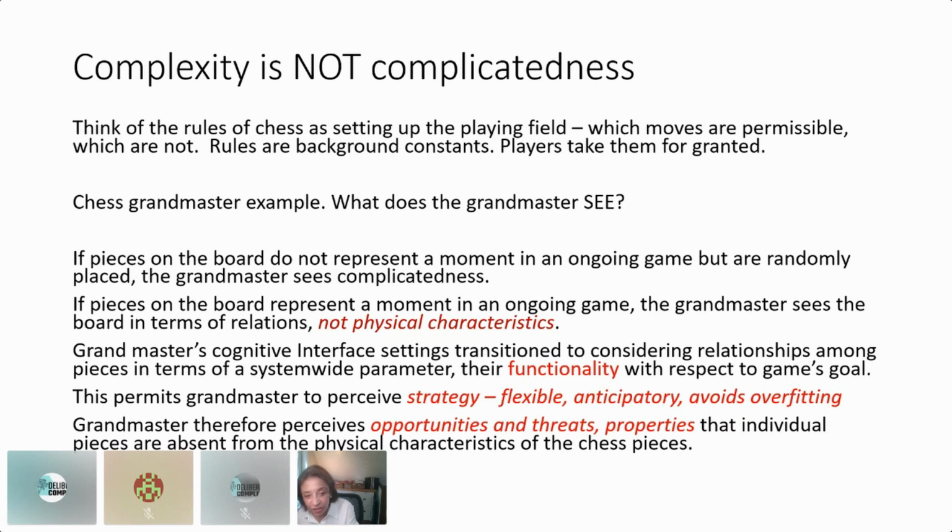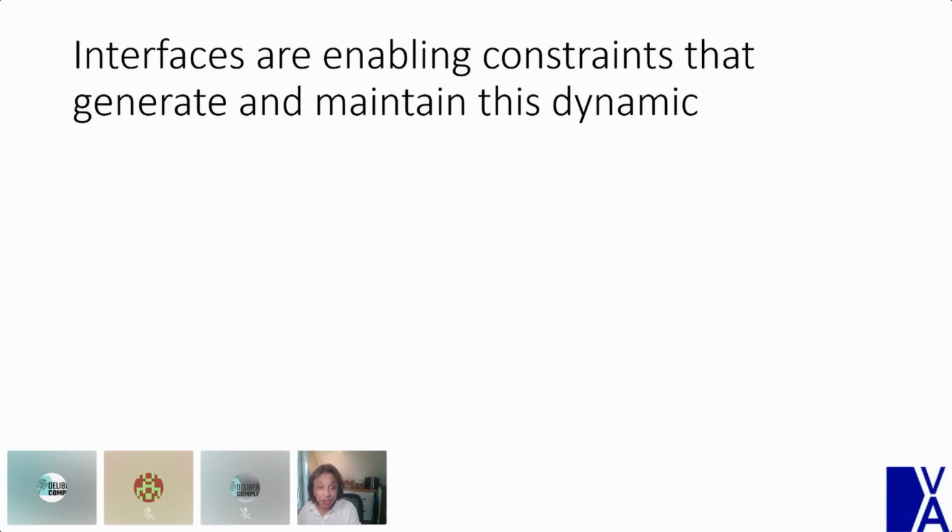There is no such thing as a threat of an individual piece absent that piece's relation to all the other pieces on the board. So to get to the stuff you guys are interested in, I want to argue that interfaces are enabling constraints that generate and maintain these kinds of complex dynamics.